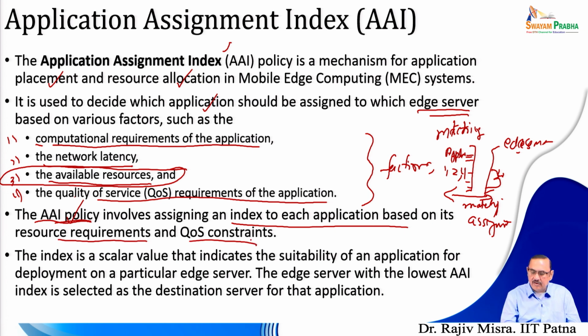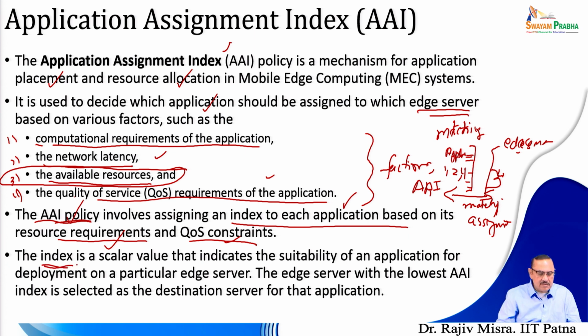So, these 3 factors, that is computational requirement, network latency and quality of service, will make an AAI policy, and this policy will ensure that each application's resource requirement and quality of service constraints are met.